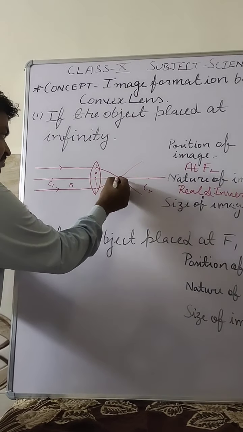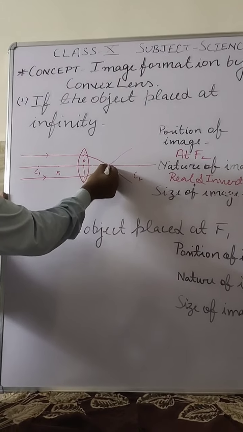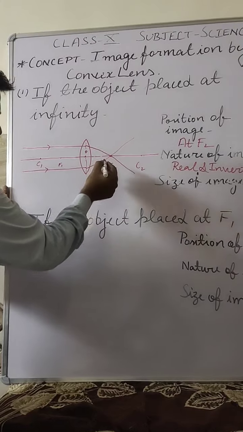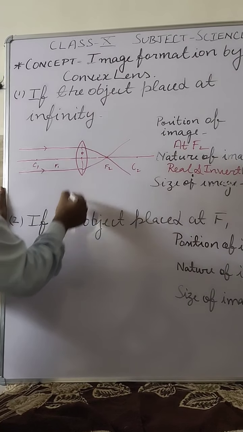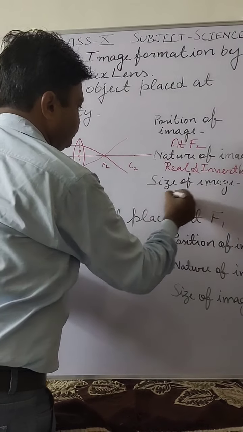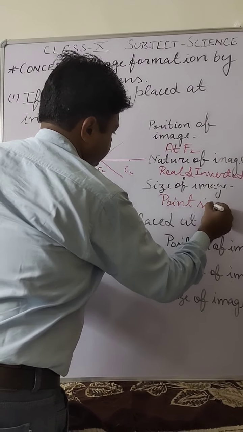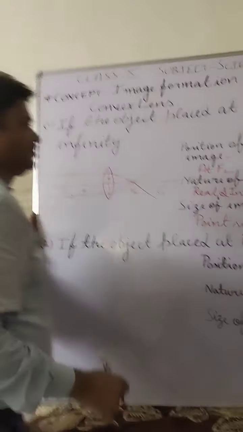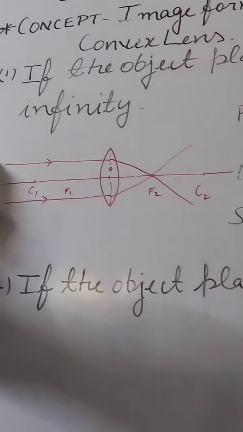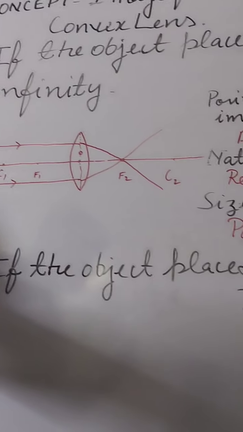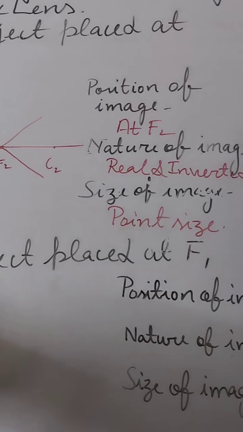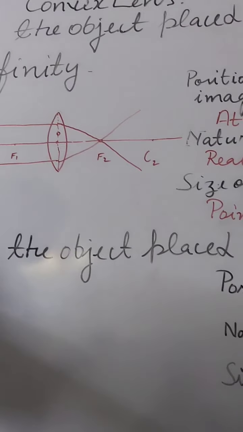And the size of the image: you can imagine the size because it is indicated by the point. So you can write here the size of image is point size. So like this you will draw the ray diagram if the object is placed at infinity.